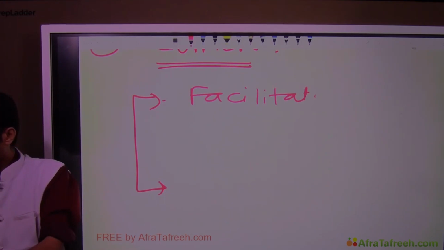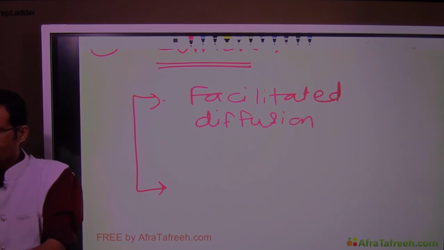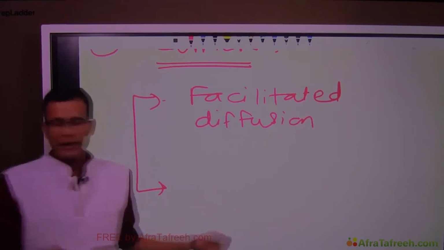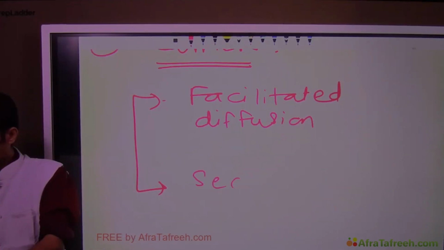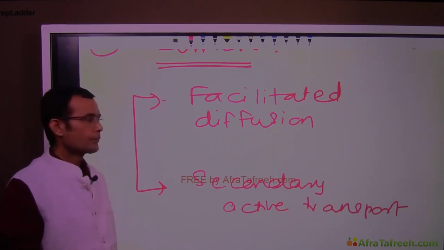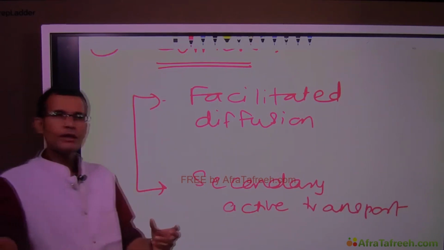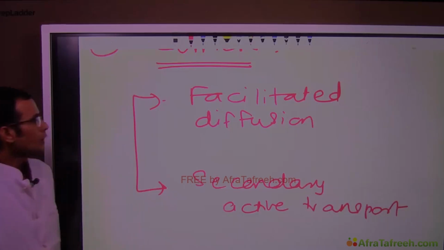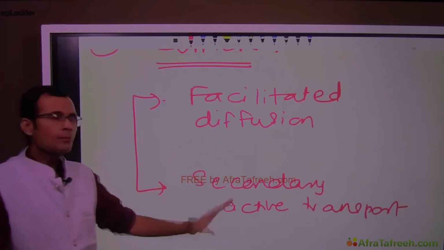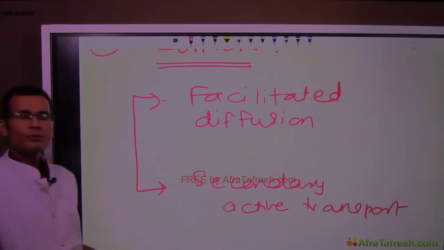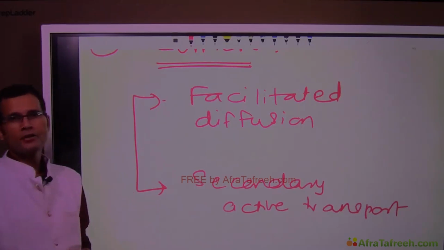Carriers carry out facilitated diffusion, and carriers carry out secondary active transport. So these two transport processes, we are going to discuss after this, so a correlation can be established. But for now, you can remember facilitated diffusion and secondary active transports are carrier mediated transports.